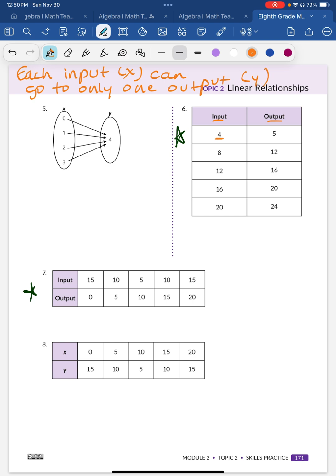So we have 4 to 5, 8 to 12, 12 to 16, 16 to 20, and 20 to 24. Do any input values repeat? No, they don't. So it is a function.